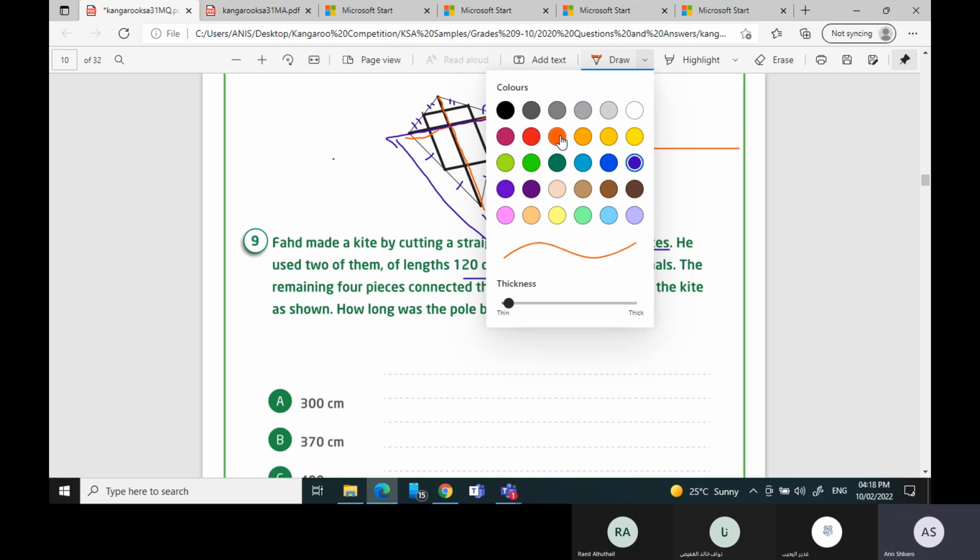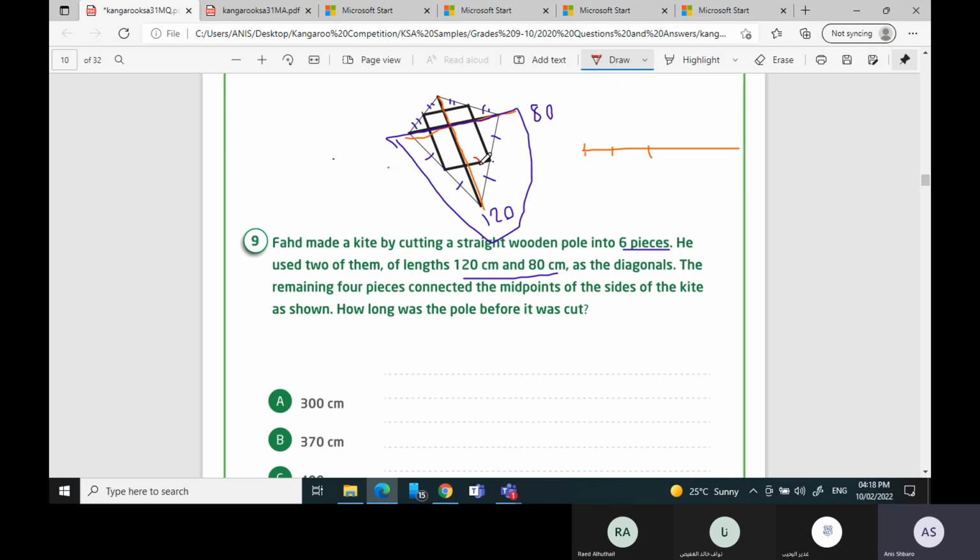I know that in this triangle, this side is parallel to this side and equal to half of it. So now we're going to solve it quickly. It's 80, so I know this one is half this side. So simply I'm going to write 40.